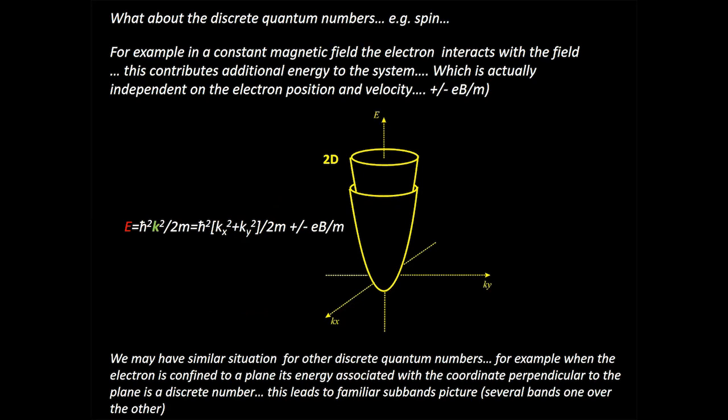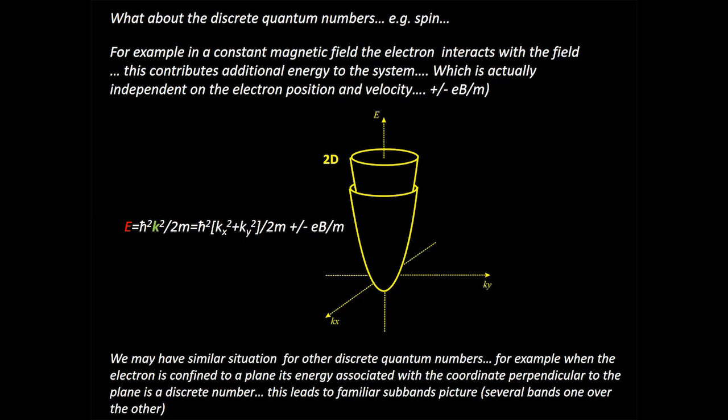Like spin, for example. Recall you may have only 2 values here, spin up and spin down. This makes a modification to the picture which is not that big for this 2-dimensional example, an electron confined to a plane.